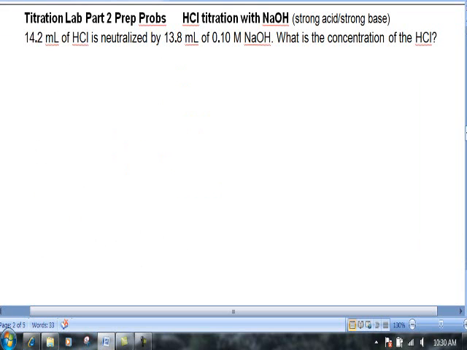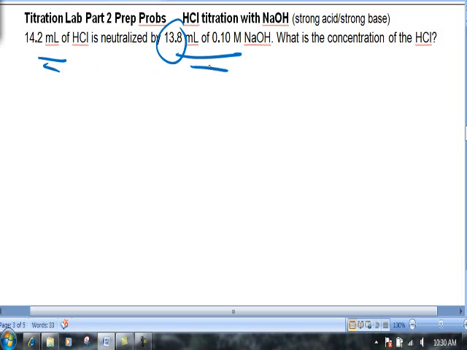Let's now do a sample calculation for part 2 in the lab. This data could be collected either by using an indicator, where we have the volume of base used to neutralize the acid from a faint pink color that we got, or we may have gotten the volume of NaOH from using a titration curve.